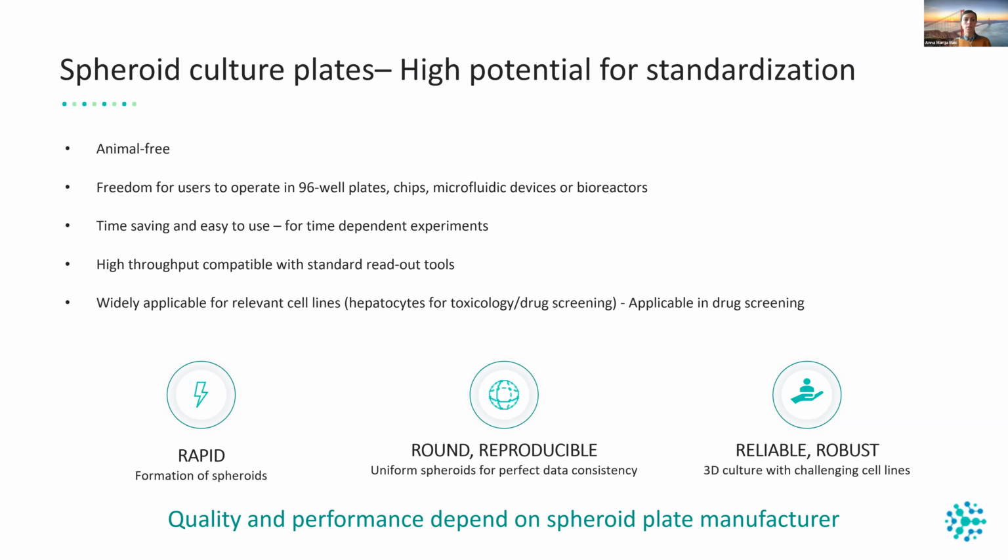And more importantly, they need to meet the 3 core requirements: a rapid formation of spheroids, the spheroid should be round and reproducible, and the method or the system should be reliable and robust. And these 3 core requirements, and the quality and the performance, depend on the spheroid plate manufacturer.